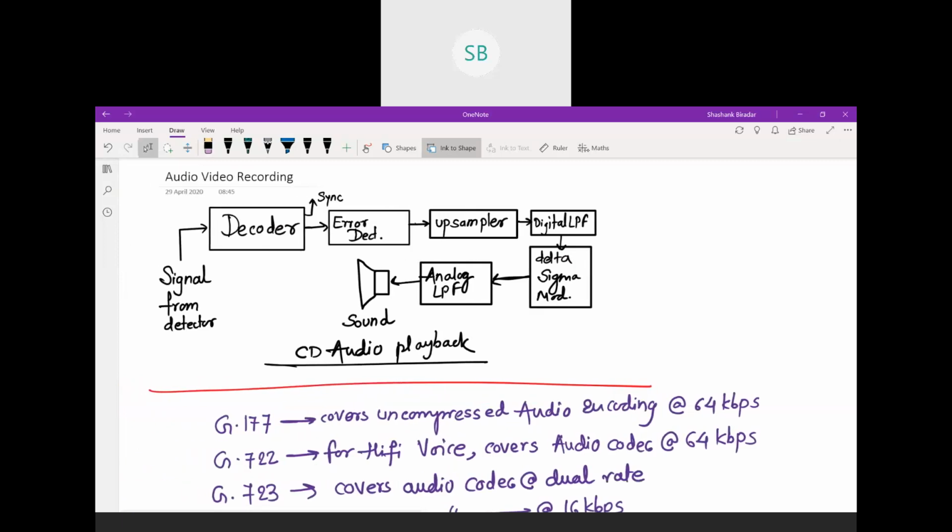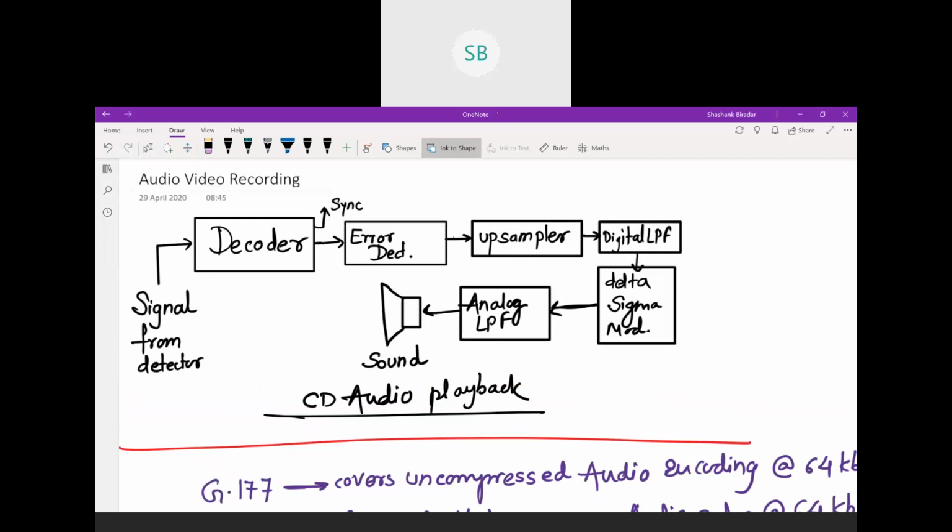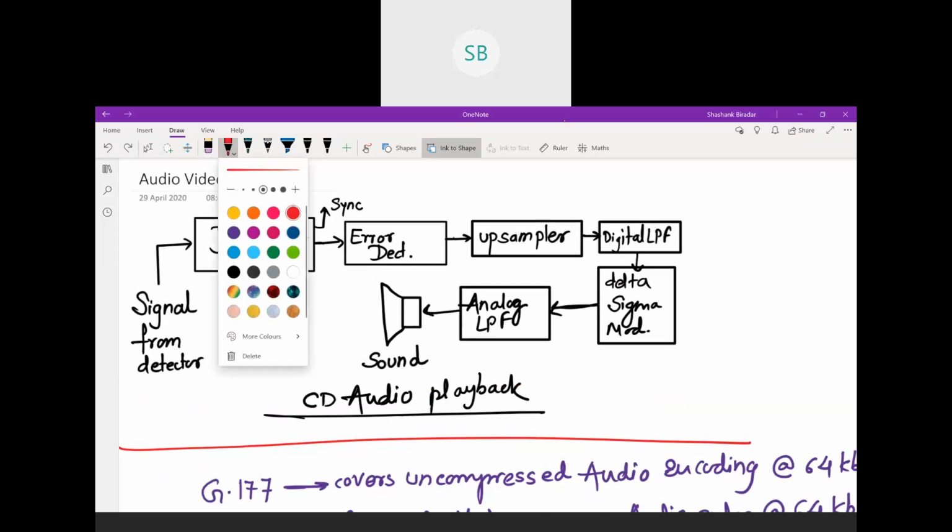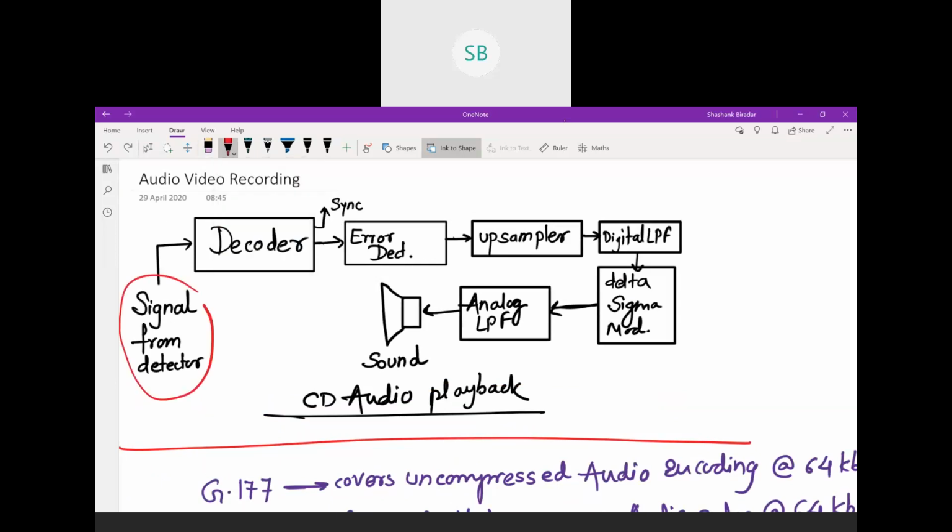Here is the simple block diagram of the CD audio playback. What you can find over here is that the signal comes from the detector.